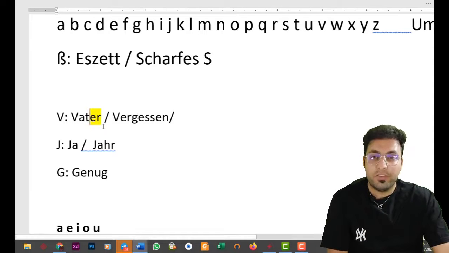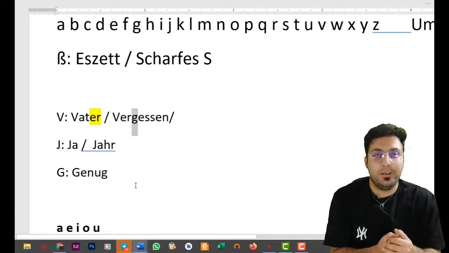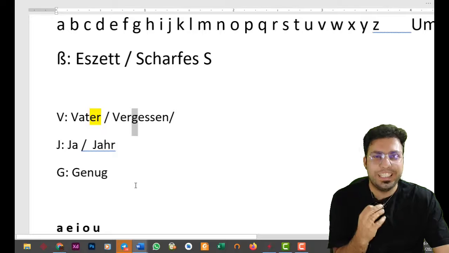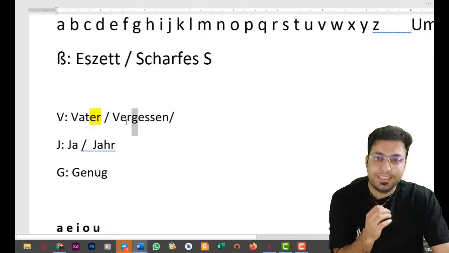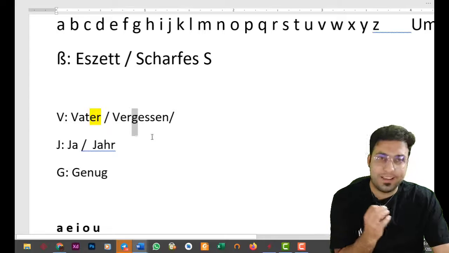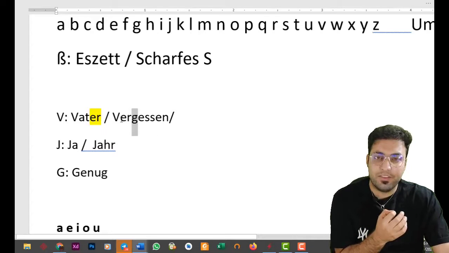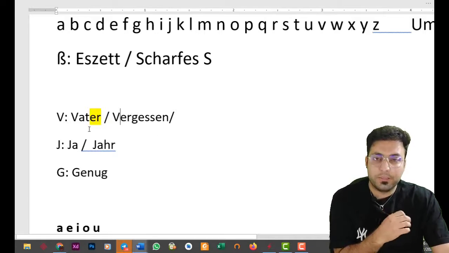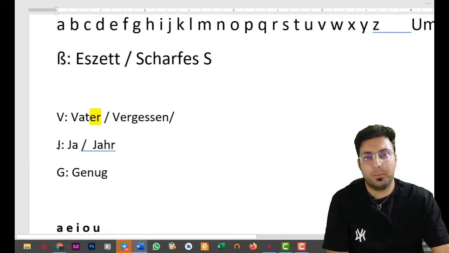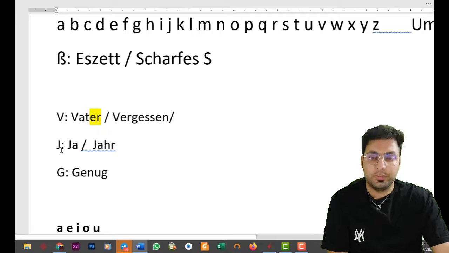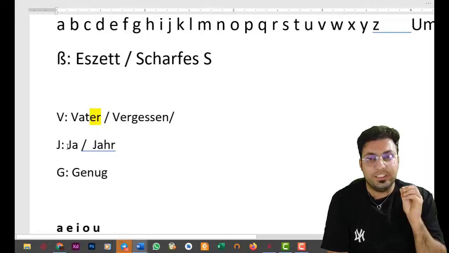Okay, so vergessen. This letter, in English you say J, G, but in German we call it G. It always sounds G. Vergessen. Then this letter, in English you say J, but in German we call it J. J is always a ye.